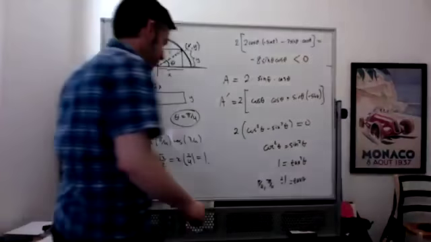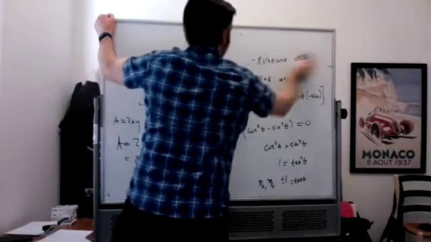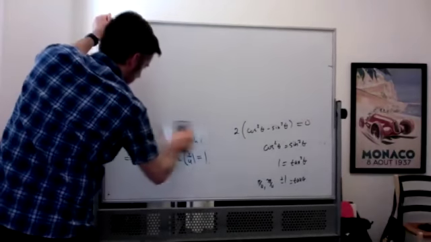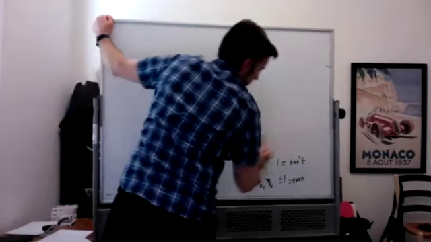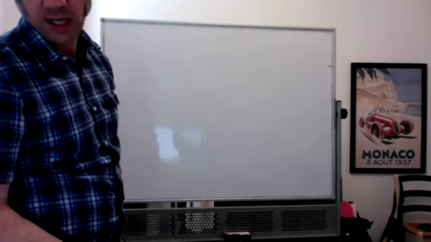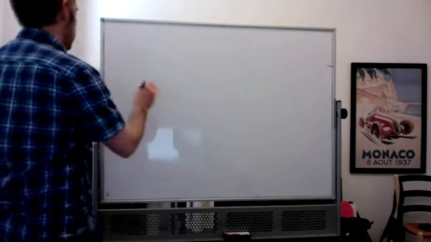All right, let us look at 15. So let's see, 15 here. You're designing a rectangular box with a square base that needs to hold 32 cubic feet.